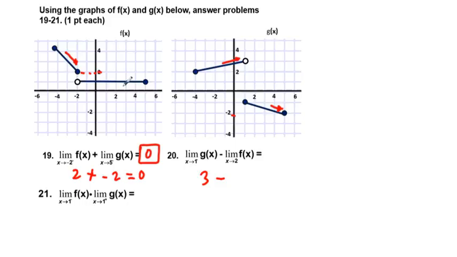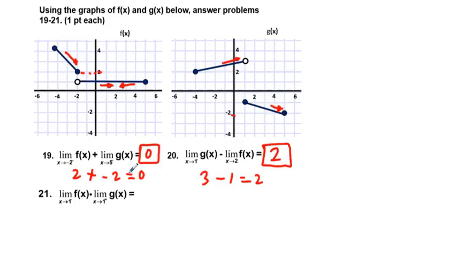That means from both sides, so we have to make sure we're approaching the same thing. The limit approaches 2 from the left side and from the right side, the same thing, a value of 1. So we have 3 minus 1 equals 2. So 2 is our correct answer to problem number 20.